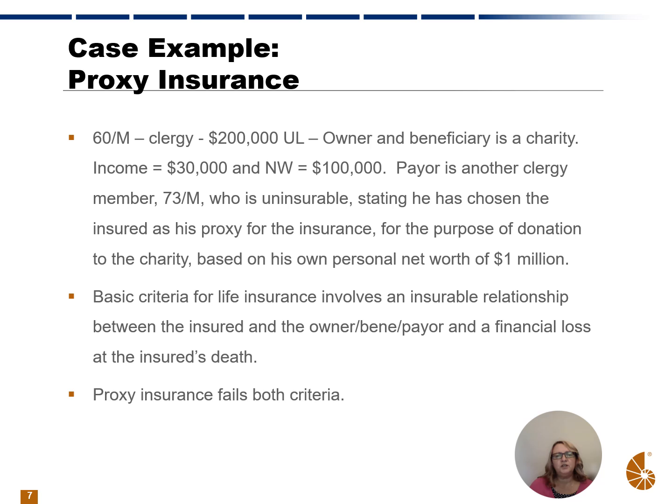If this was a situation where the payer was not in the picture, then we would look at the insured's personal income and net worth, and make the decision from that point. However, with the proxy type of insurance, that's not something that we would want to continue with.